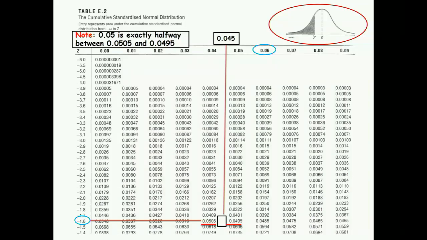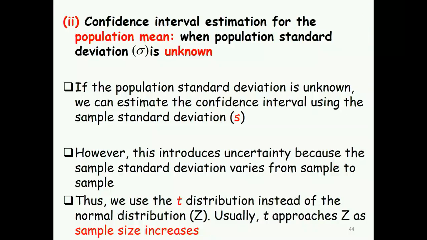The same thing when you do it the other way: 5% is between 0.0505 and 0.0495, exactly in the middle. So I take minus 1.645, between 1.64 and 1.65. So that's the reason.